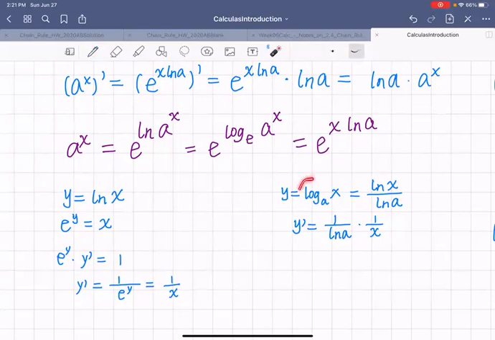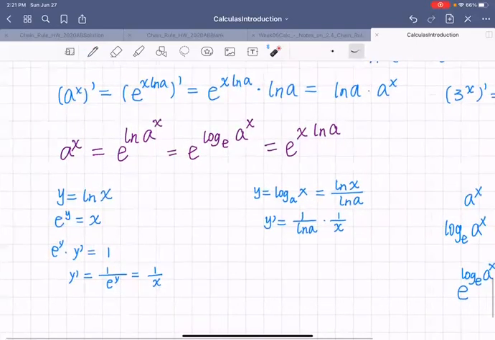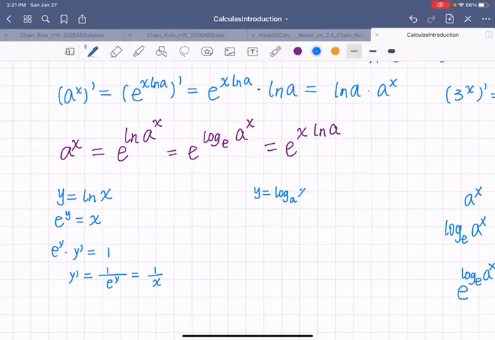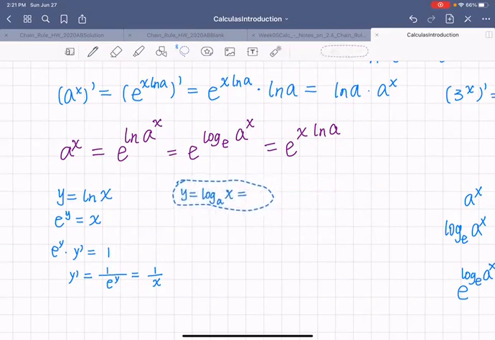Now let's do log base a of x. Does anyone still remember the base change rule? log base a of x equals, how do I rewrite this one?